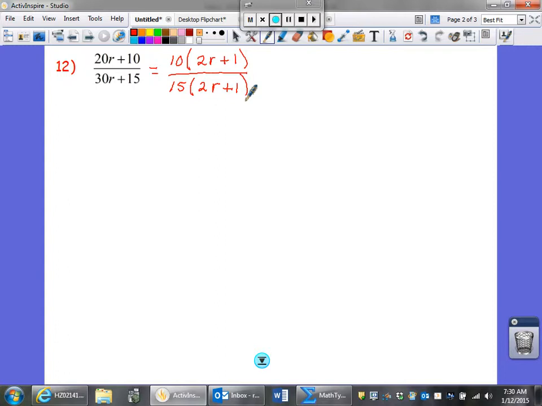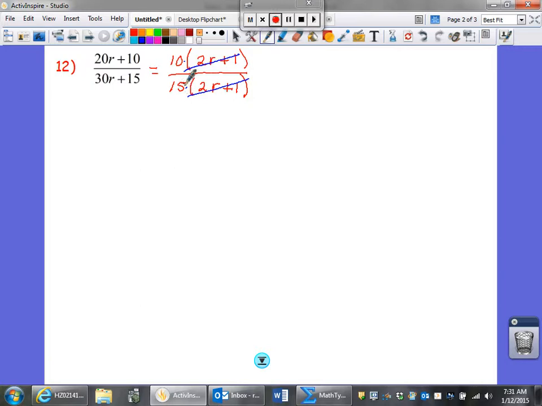Now you look at the numerator and denominator. As long as I can take the entire term, the plus sign included, and right now these two have multiplication signs between them, I'm allowed to take this entire term and reduce it with this entire term. That is a legal thing to do.